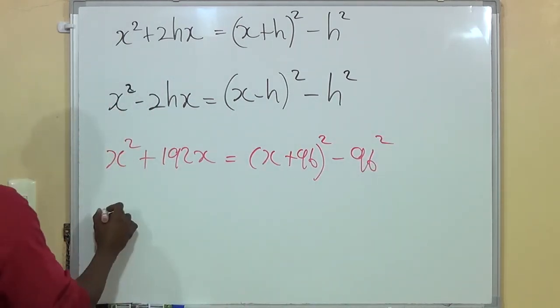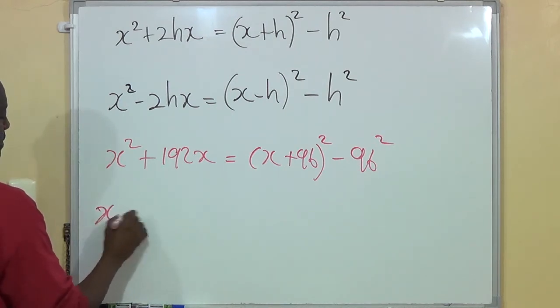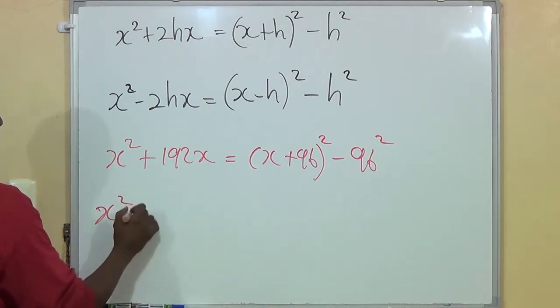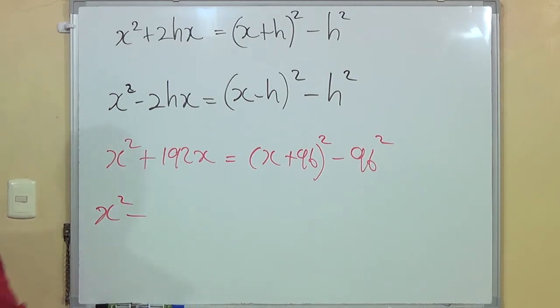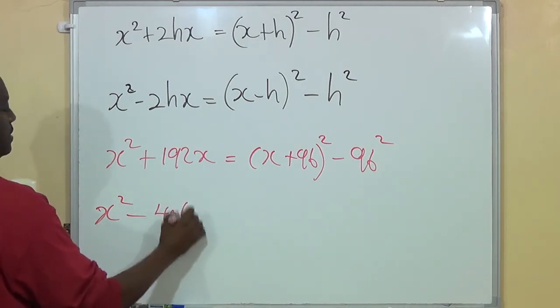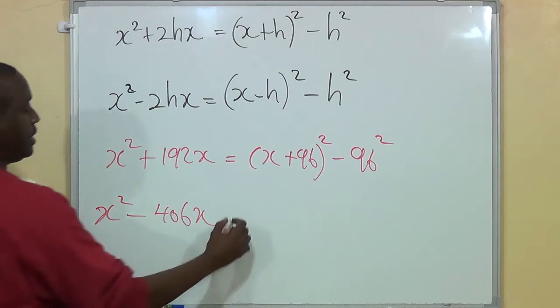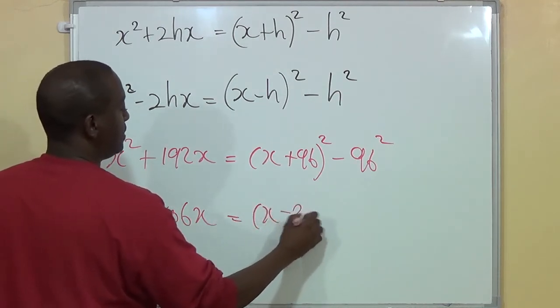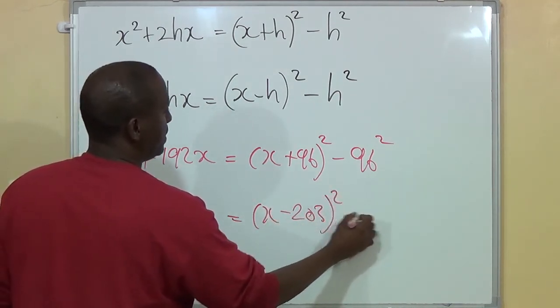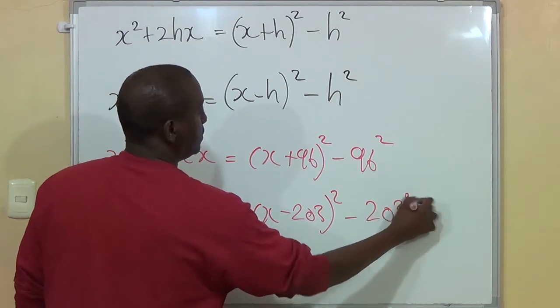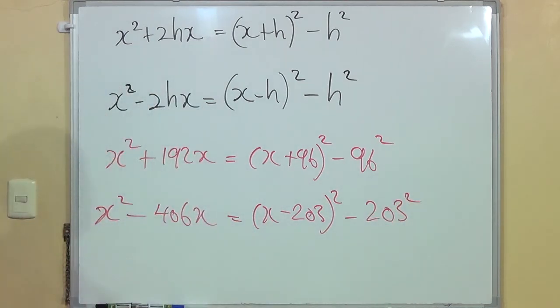If I have x squared minus 406x, that will be x minus 203 squared minus 203 squared. Alright?